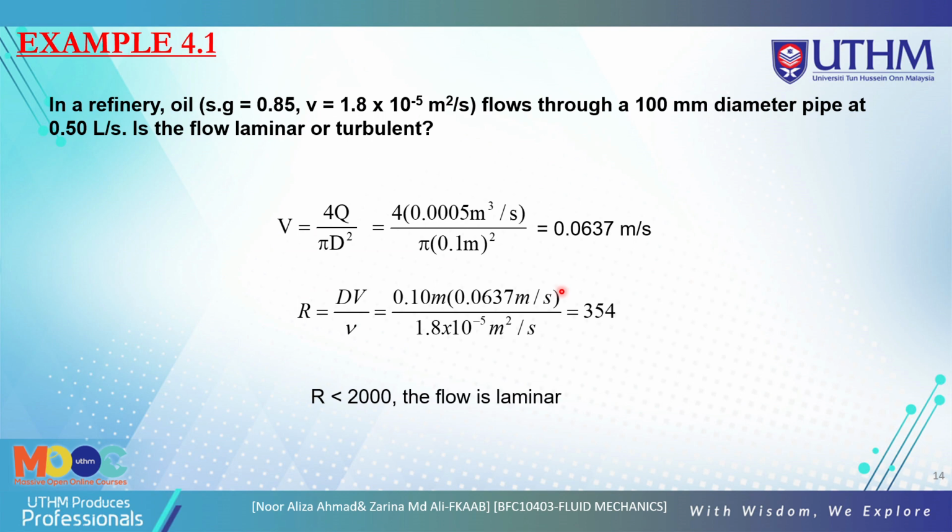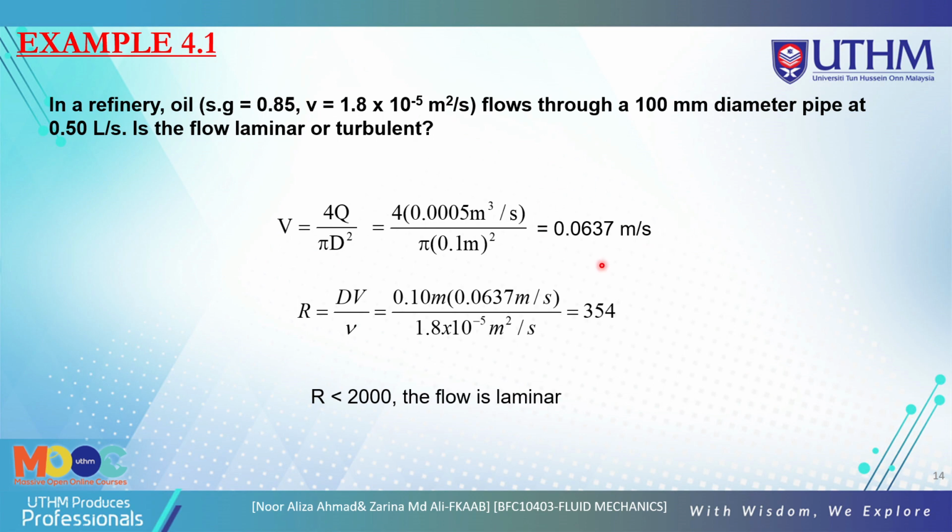Okay, look at example 4.1 here. In a refinery, oil with SG 0.85 and the kinematic viscosity given here flows through a 100 mm diameter pipe at 0.50 liters per second. Is the flow laminar or turbulent? To find out, first you must find the velocity.